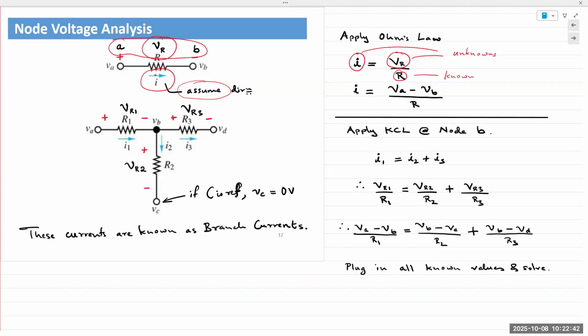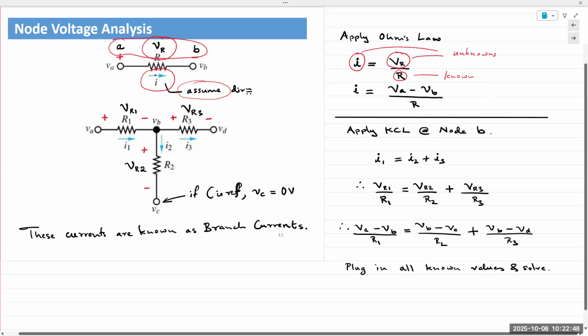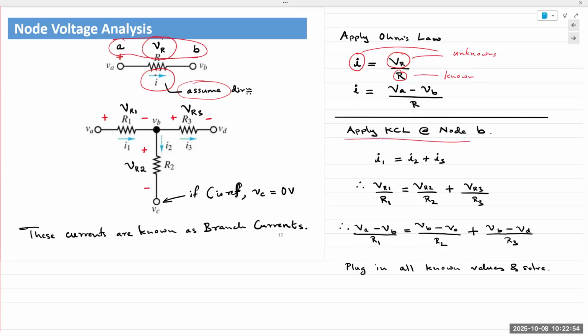Okay, so that's how we are generating the equation for the current I. Now, how do you generate more equations? Well, you're going to apply KCL at node B. We can apply KCL at any number of nodes in a circuit, depending on how many equations we need, right?